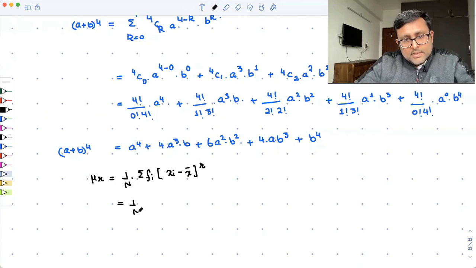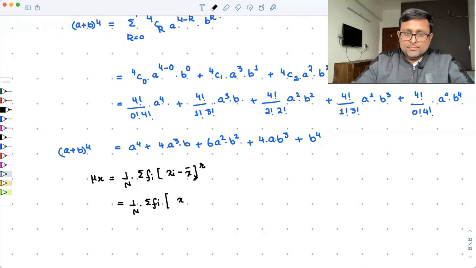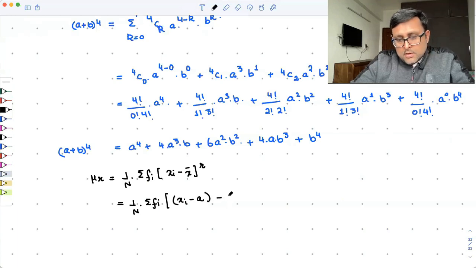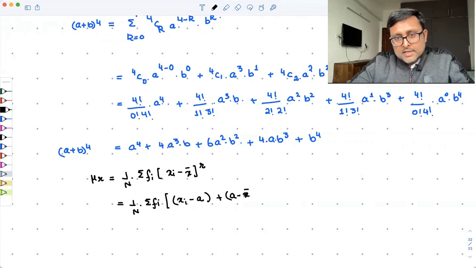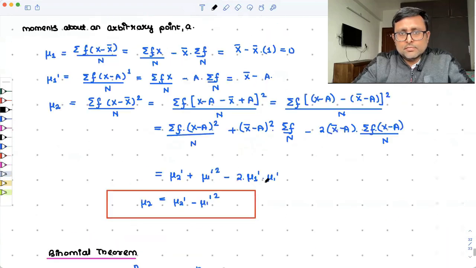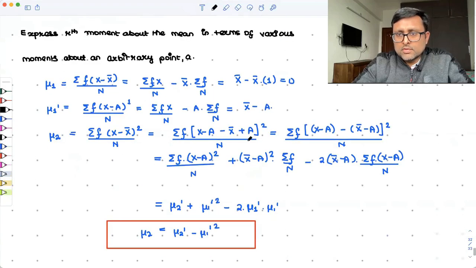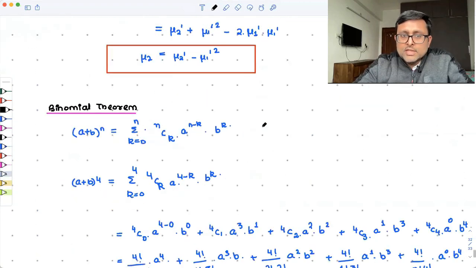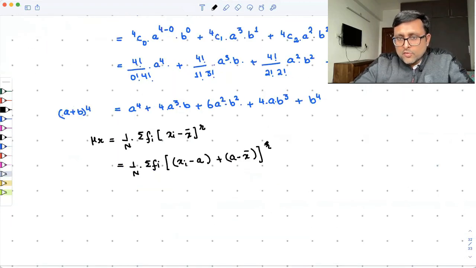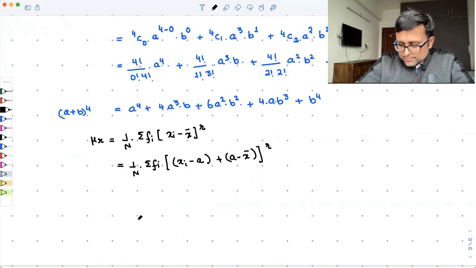So I can write this as 1 upon n summation of fi, and again I can add and subtract a. So I'll be getting xi minus a plus a minus x bar. This is exactly like what you did earlier, but since you were just squaring this, it was easy. Right now you're trying to do it for a more general term.